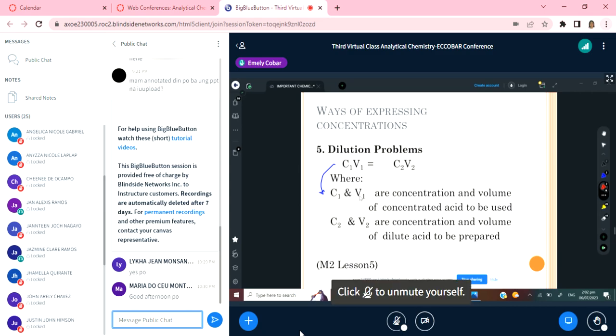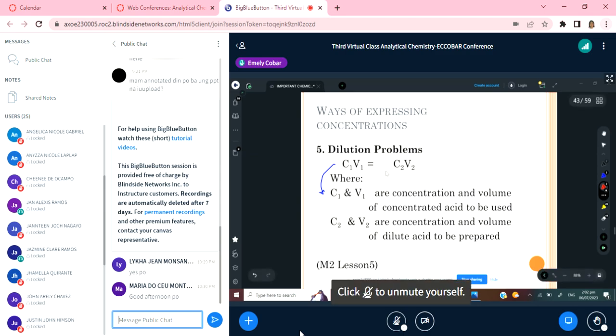Okay? And then, C2 and V2, ito naman yung concentration and volume of the diluted solution na you will prepare. Okay? So, diyan sa problem ng C1V1 is equal to C2V2, isa lang ang unknown, ha? Yung tatlo, dapat known.